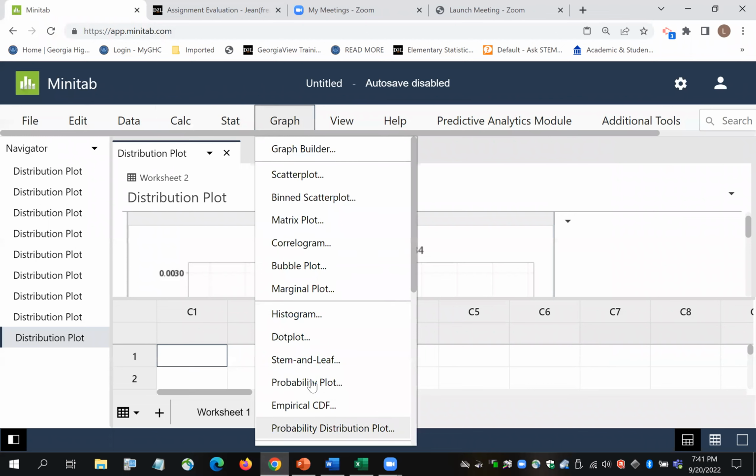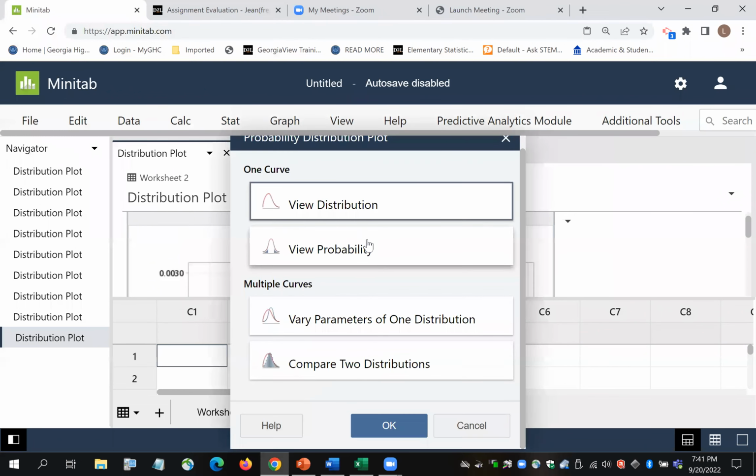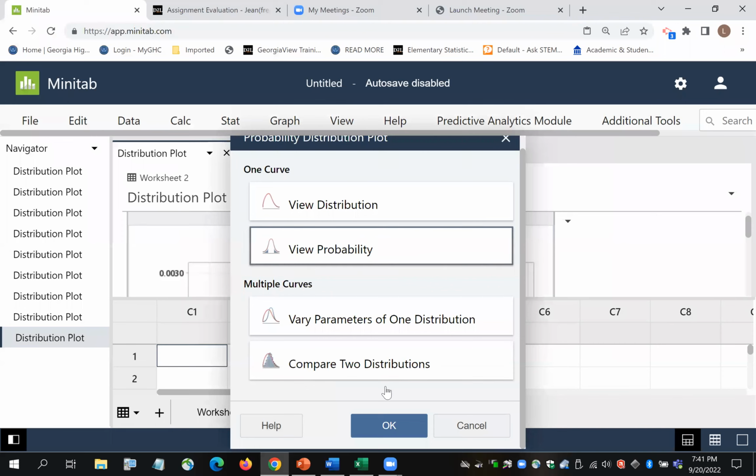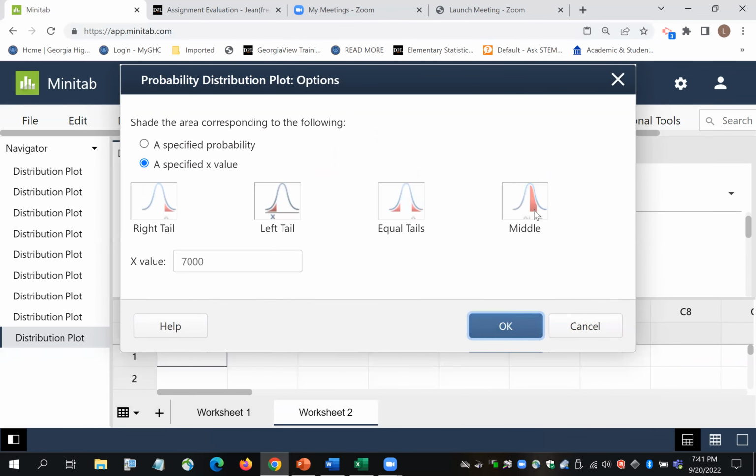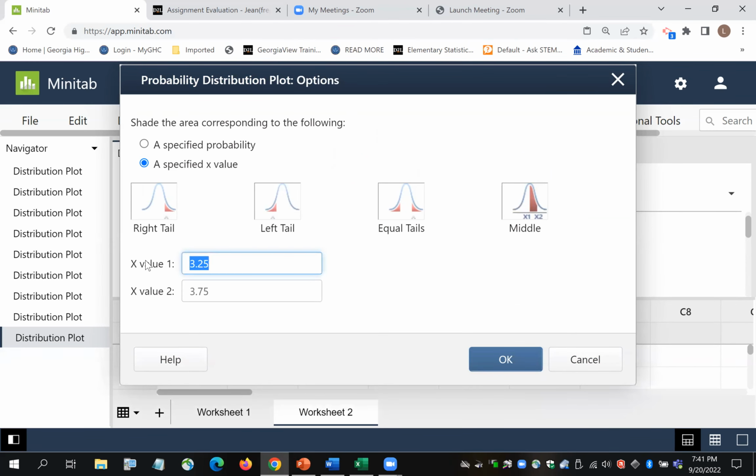Graph, probability distribution plot, view probability. It's normal, mean is 7,200, standard deviation is 134. Options, we're in the middle. We want to be between 7,100 and 7,600.